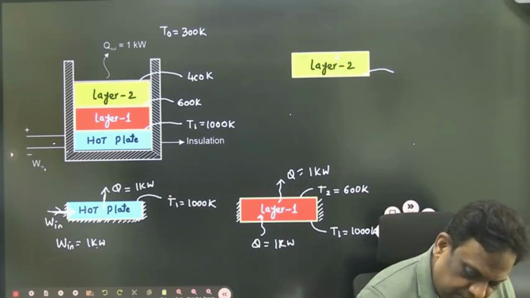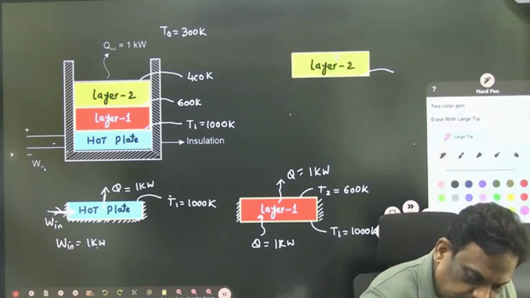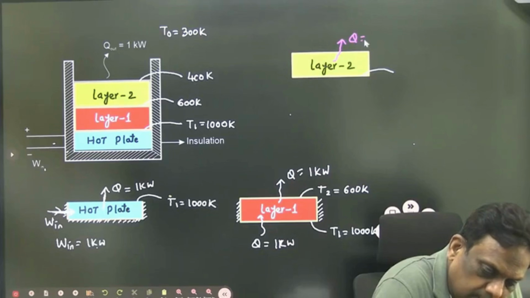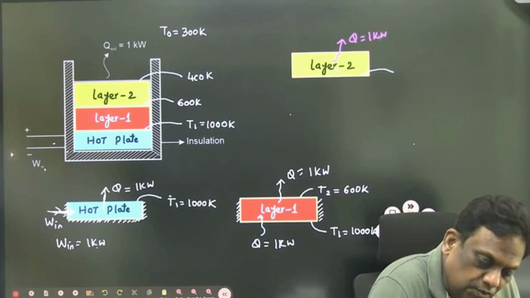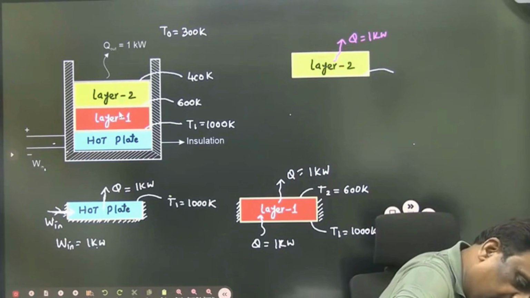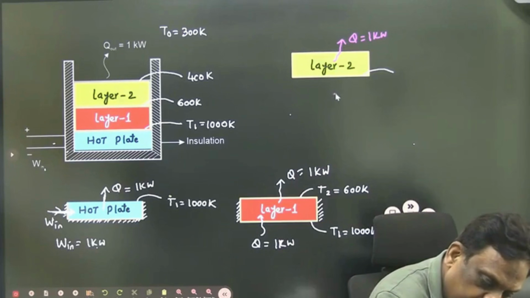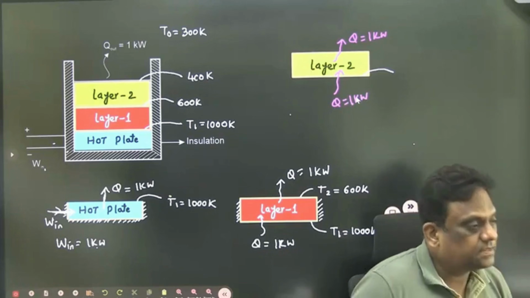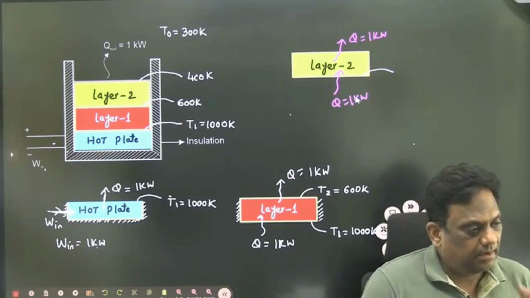Obviously, how much is going, sir? So if 1 kilowatt is going from layer 1, 1 kilowatt should enter this layer. Excellent, sir.